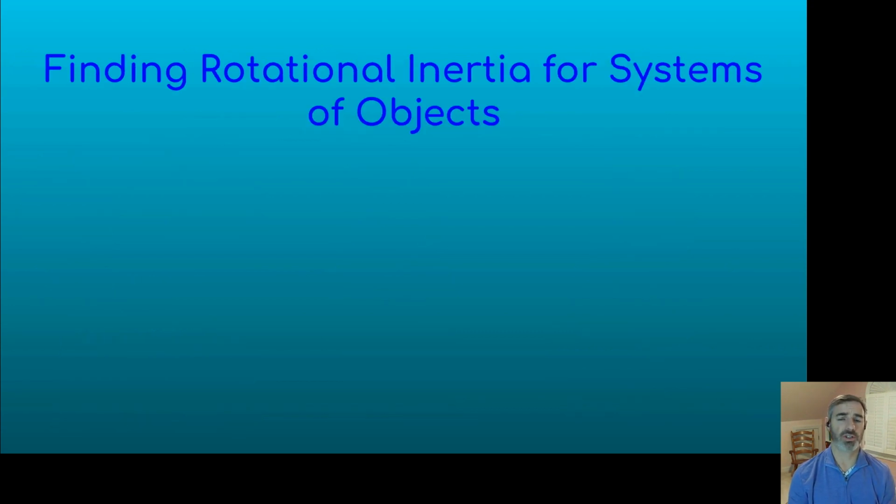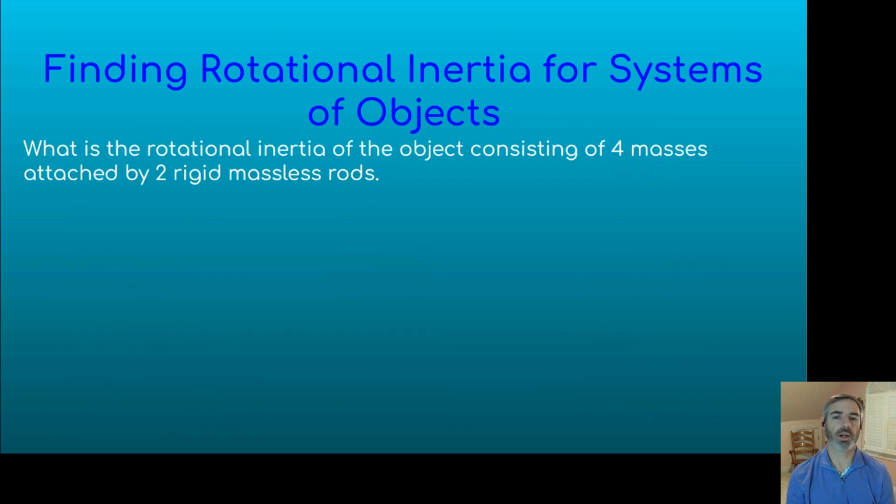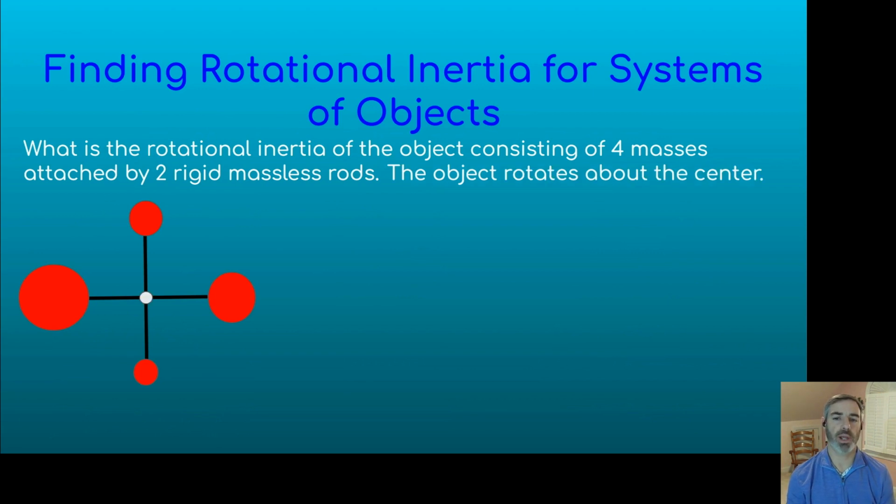So let's find the rotational inertia for systems of objects. We're going to look at an object that has rigid, massless rods containing 4 point masses attached. It's like a pinwheel, rotating clockwise or counterclockwise around the center point.